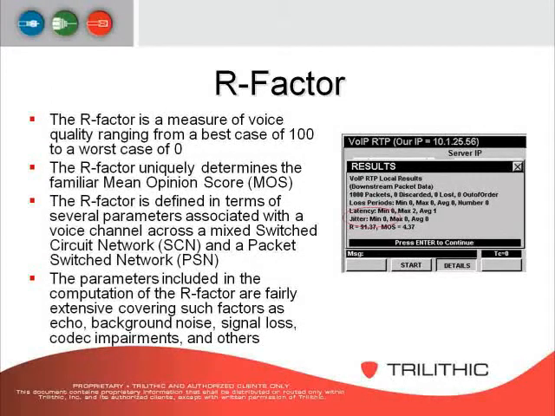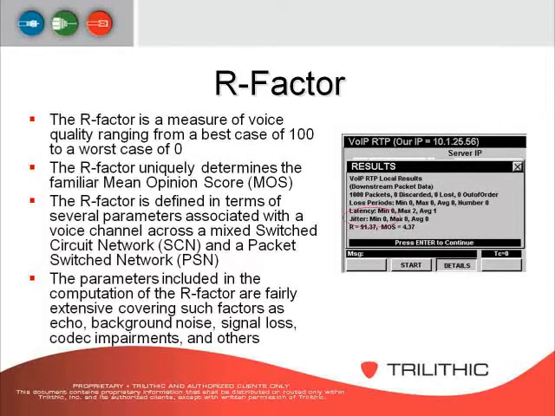The R factor uniquely determines the familiar mean opinion score, that MOS score, which is an arithmetic average of opinion when excellent quality is given a score of 5, and so on. We covered that earlier. The R factor is defined in terms of several parameters associated with voice channel across a mixed switch circuit network, which is SCN, and a packet switch network.